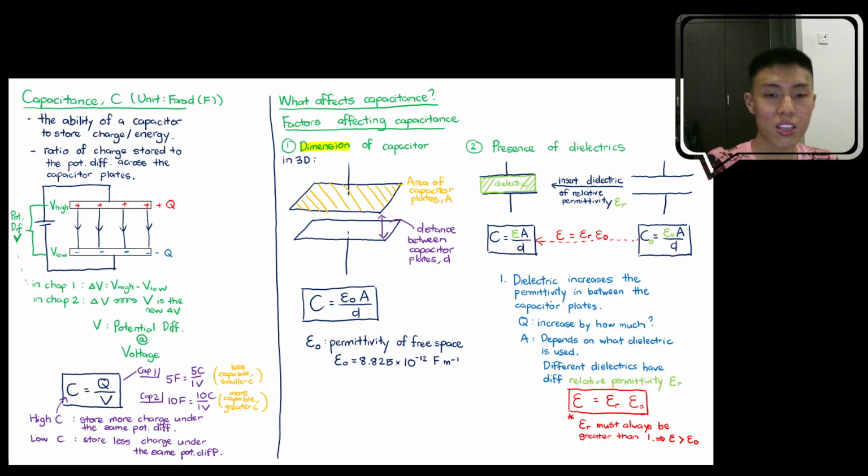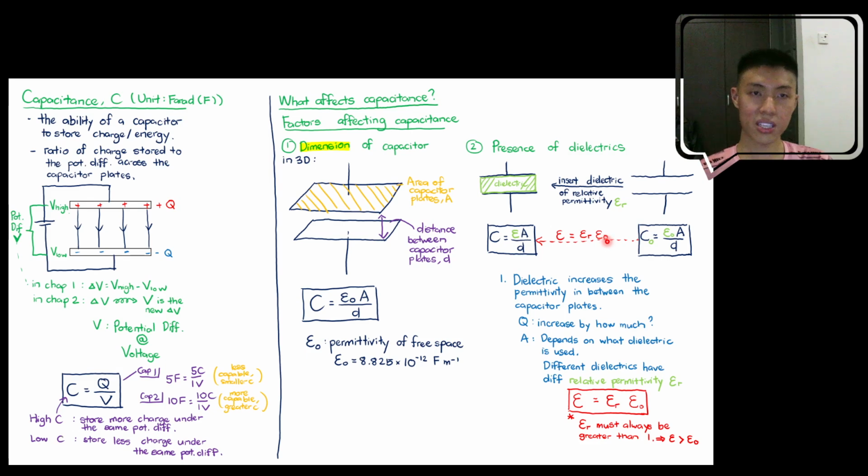Because if you insert any number greater than 1, like 1.2, 1.5, 2, 4, 5, 100, it will only make the permittivity of the dielectric even larger than the free space permittivity. So that's why epsilon is always greater than epsilon naught.